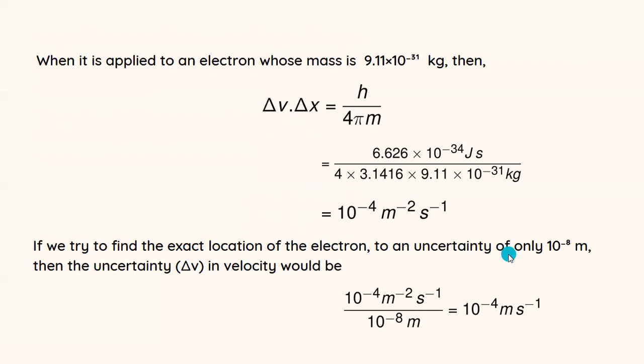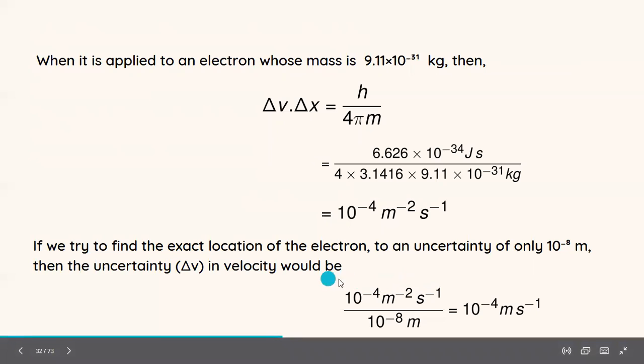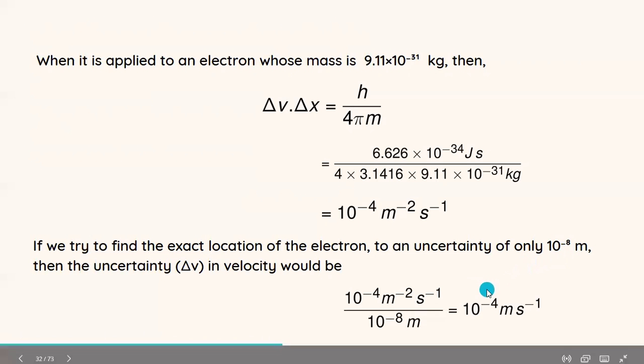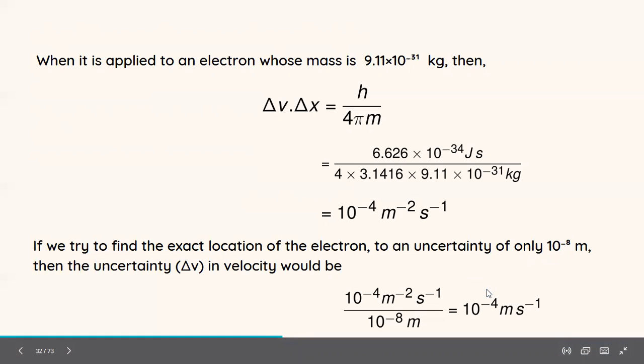Now, let's assume that we know the position of the electron and the uncertainty is 10 to the power minus 8 meters. When we substitute that, we can figure out that the uncertainty in velocity is 10 to the power minus 4, which is also high. Compared to 10 to the power minus 8, 10 to the power minus 4 is relatively high.